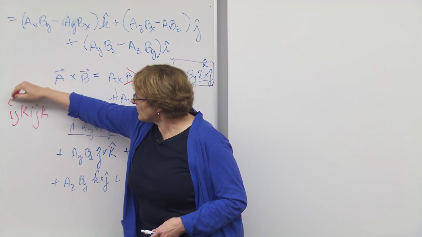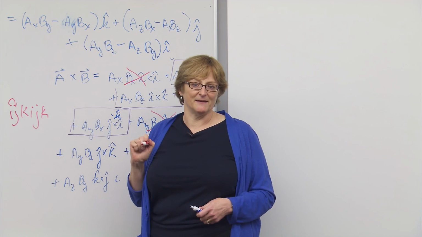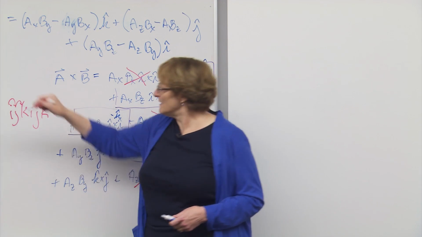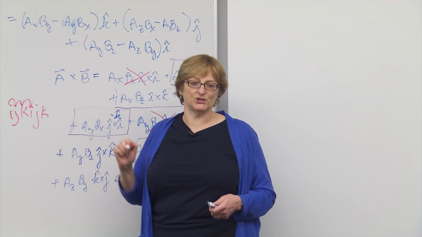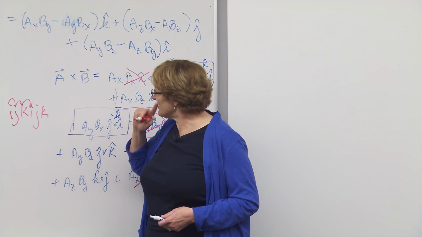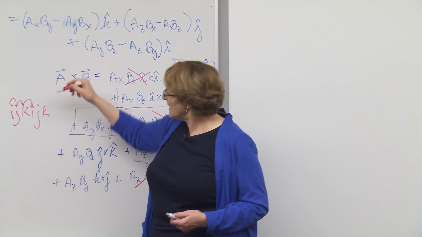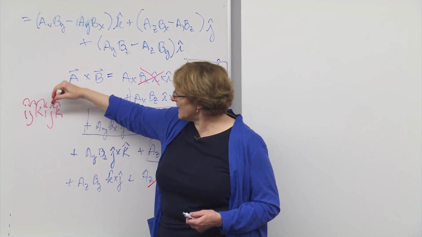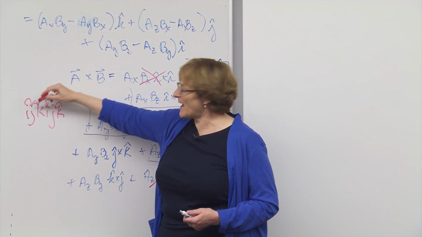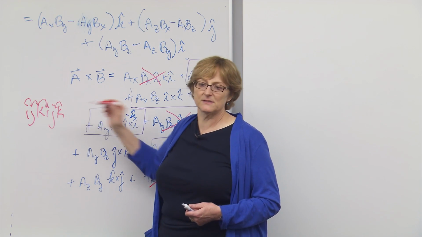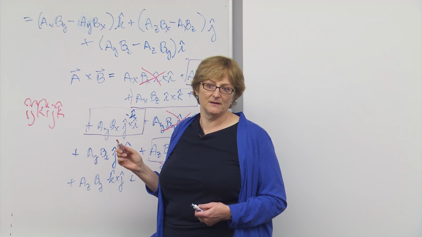So i cross j is plus k. J cross k is plus i. K cross i is plus j. But if I go backwards, k cross j, then it's minus i. If I go backwards in this trio, i cross k is backwards, so it's minus j. Does that help?